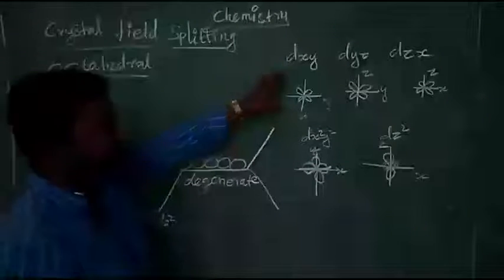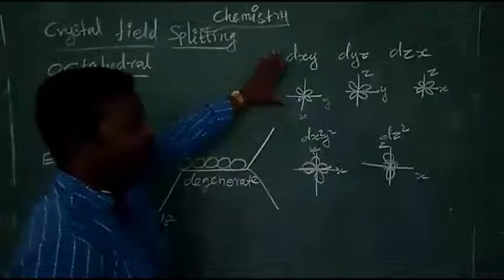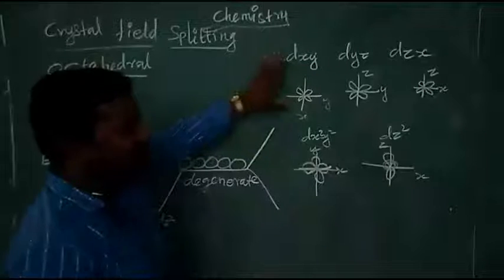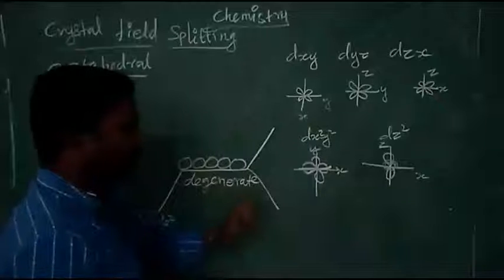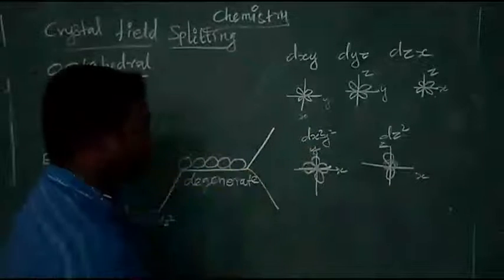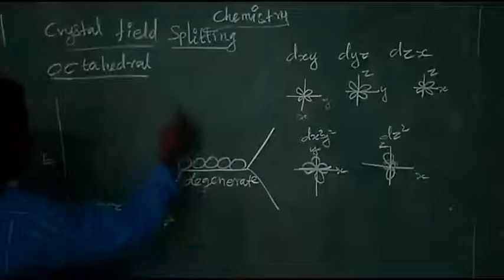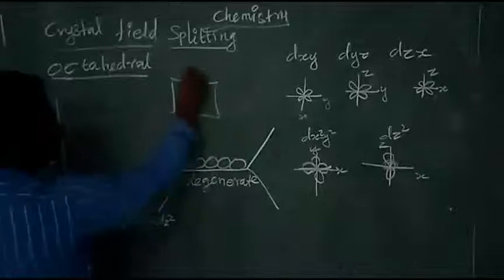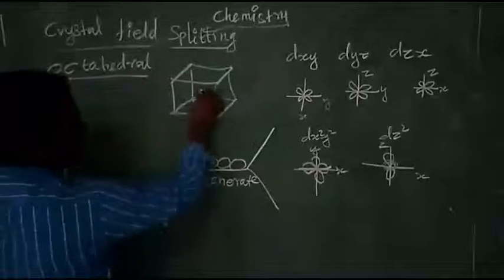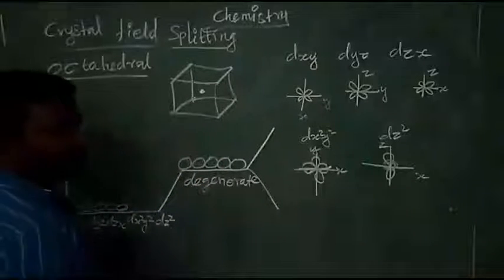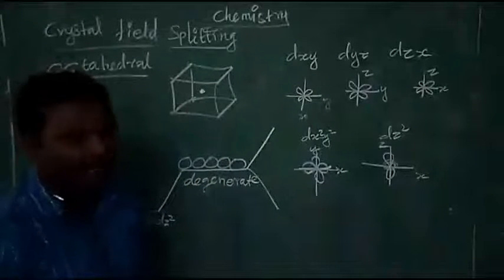Just remember, the first 3 are present in between the axes, and the next 2 are present along the axes. Now we can take one cube shape. At the origin or center of the cube we consider there is a metal atom.